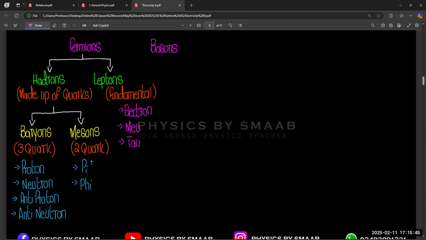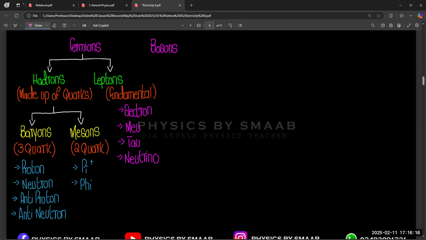Third element is tau, and then neutrino. So these four elements are in the category of leptons. These particles are fundamental; they are not derived from any other.